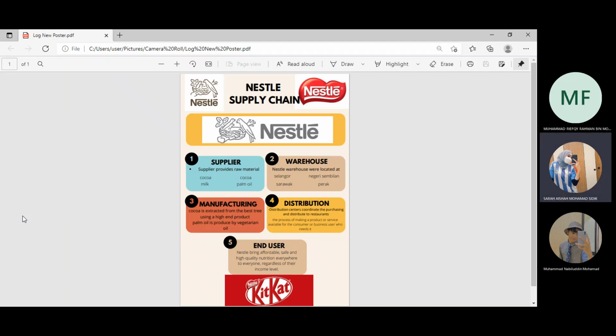The first is a consumer. So the consumer is the first one who started the supply chain management. The first is consumer, an individual or a household who purchases products and services to satisfy personal needs.